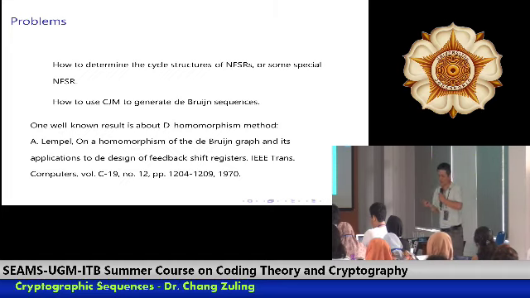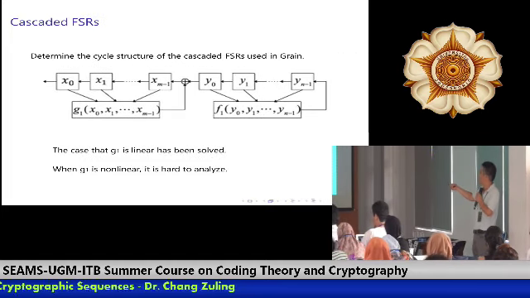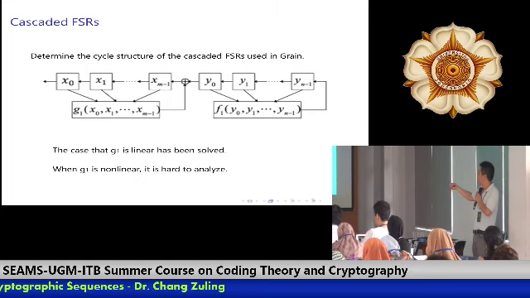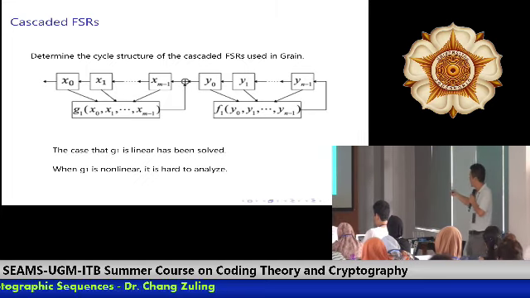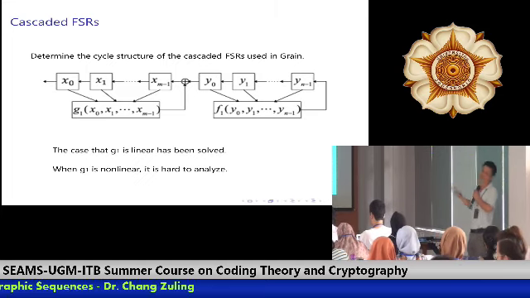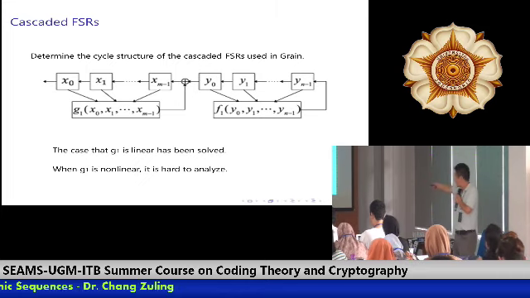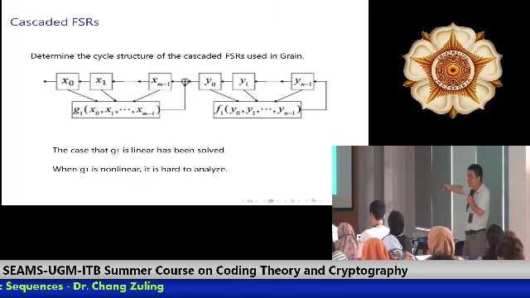Another case is like this one. It means cascaded, cascaded by two FSRs. Why do we talk about this case?